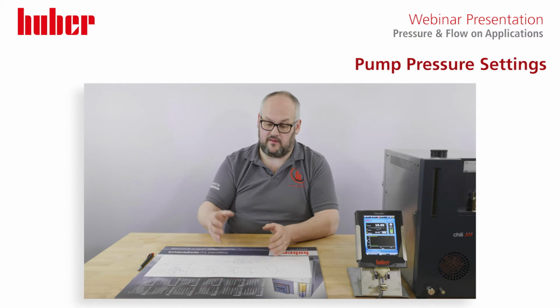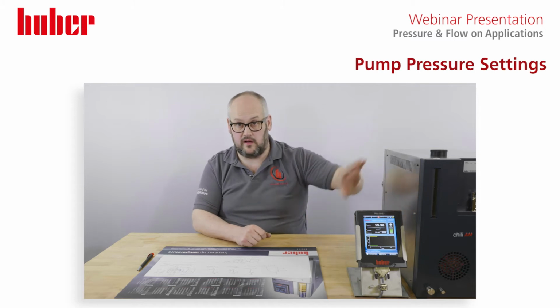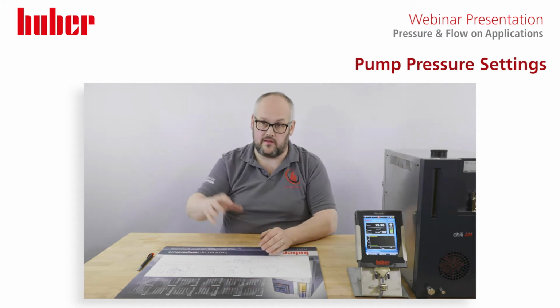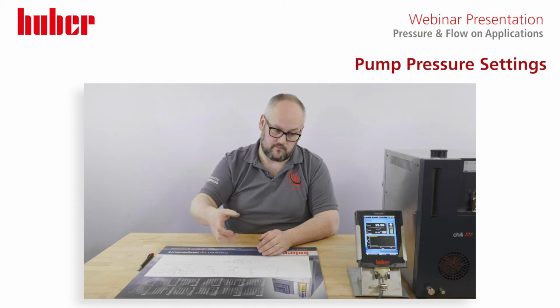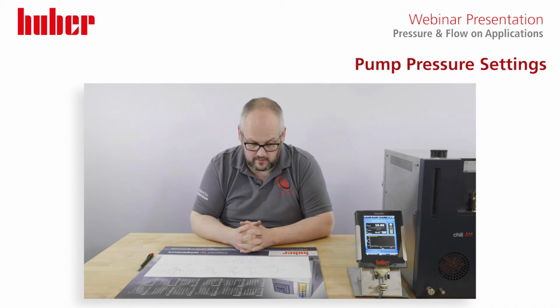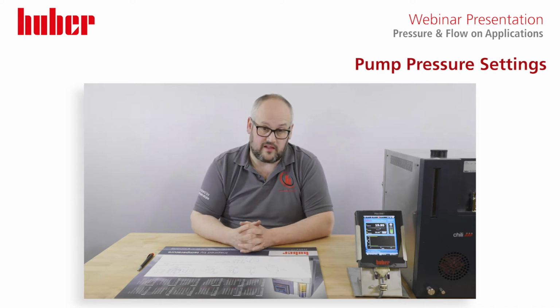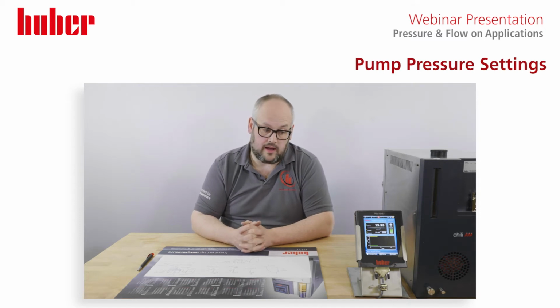However, as is the whole point of this webinar, that is the pump pressure at the pump outlet inside the machine. It's not at the inlet of the application or the outlet of the application. So we've got to do a few more things before we're ready to do our experiments. First thing we're going to do is set up our inline flow meter and our pressure sensor externally to the unit.